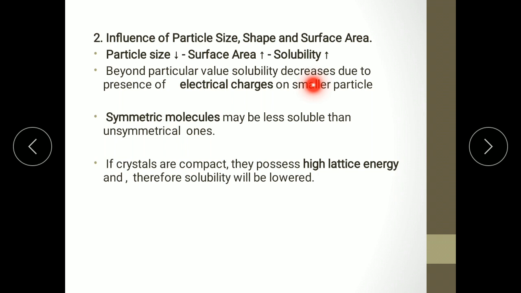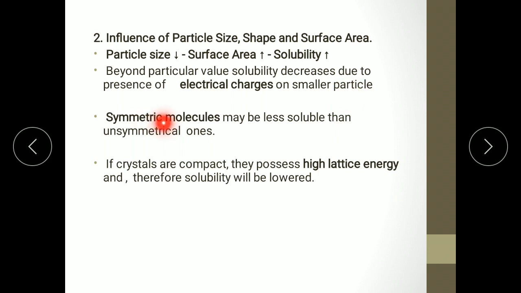But beyond a particular value, solubility decreases due to the presence of electric charge on the smaller particles, which may cause agglomeration of particles, and that leads to a decrease in the solubility.